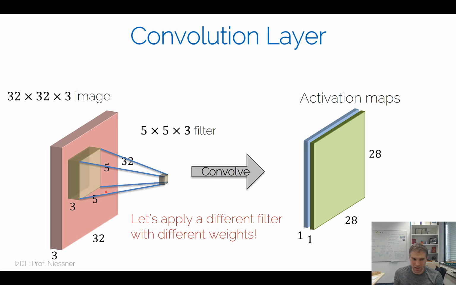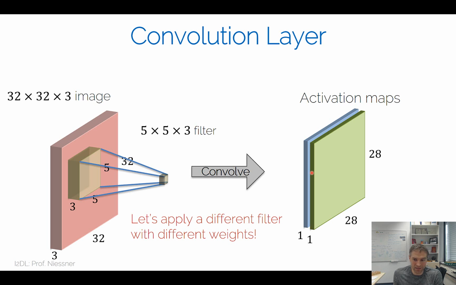If I do that, I'm going to get 2 activation maps. I have 28 times 28 for the green one, and 28 times 28 for the blue one. And now my output in total is 28 times 28 times 2, because I have a 2-dimensional depth in the respective output map.